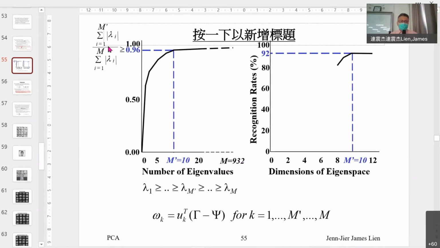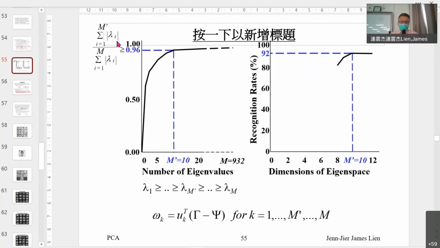This is a summation of eigenvalues. Okay, it means for each one, we have 932 images. After we do PCA, we have 932 eigenfaces. Each eigenface corresponds to one eigenvalue here. You sum the eigenvalues together and it becomes the denominator term.